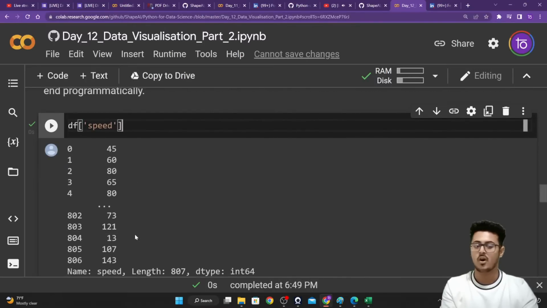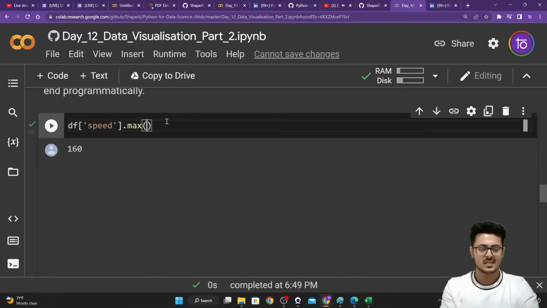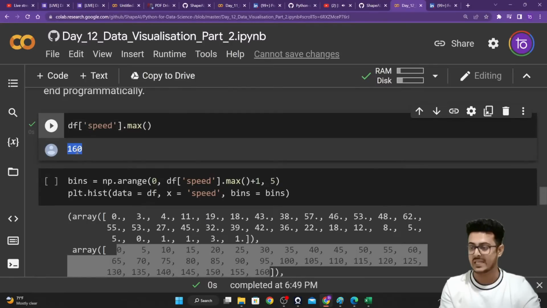We want to get the maximum value from this column, so that will be dot max. If we run this line of code, we get that the maximum speed is 160, guys.